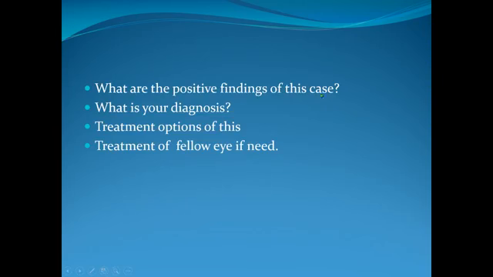Now, the positive findings of this case I already told: the pupil is dilated, particularly mid dilated, the cornea is edematous or hazy, and there is conjunctival congestion. What is the diagnosis? Acute congestive glaucoma. For the treatment options you should write medical treatment and surgical.